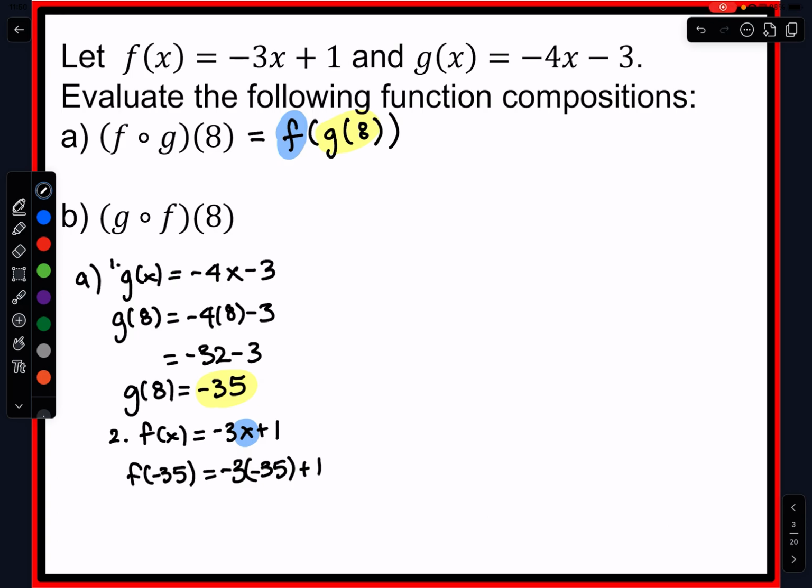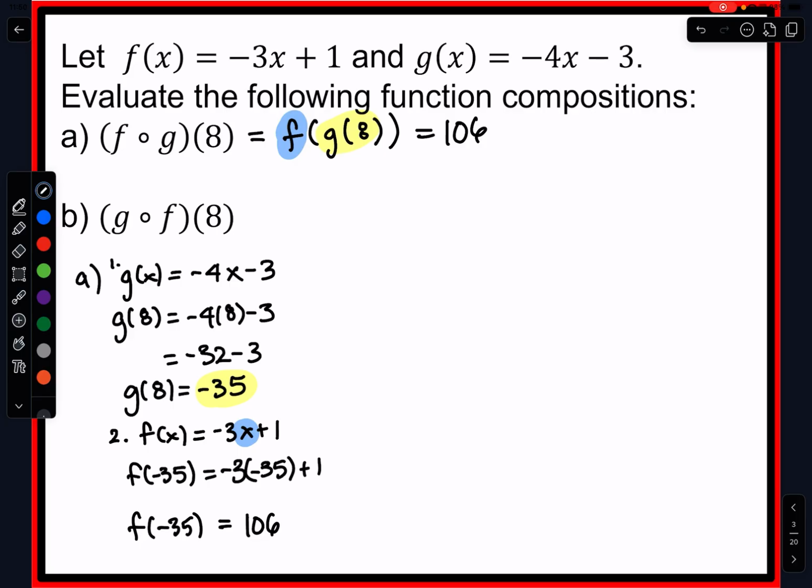And since -3 times -35 equals +105, that +105 plus 1 more is a total of 106. So there is the solution, or the value of that first composition.